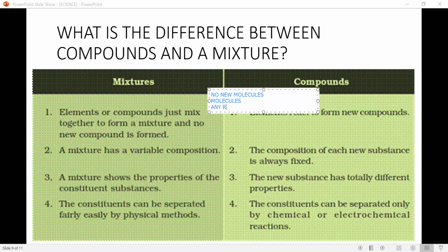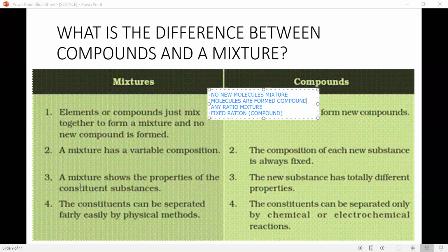So any ratio means it is a mixture. And if in a fixed ratio, then it is a compound. Hope it is easy to learn in this topic. So if no new molecules are formed, then it is a mixture. And if molecules are formed, then it's a compound.